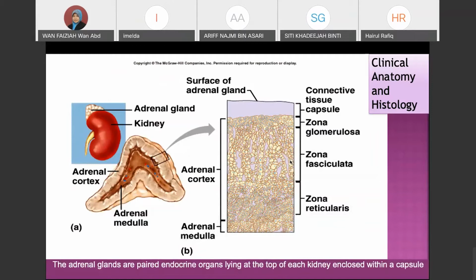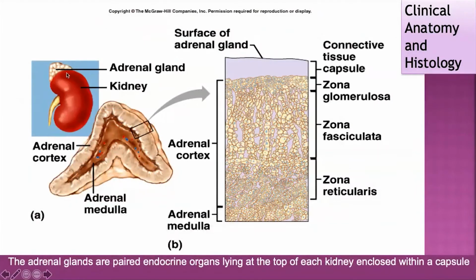All right. First, we go to the anatomy of the adrenal glands. The adrenal glands are another special organ, like the pituitary just now. It is a paired organ. We have both a right and left adrenal gland lying on the top of the kidney, enclosed within a capsule.